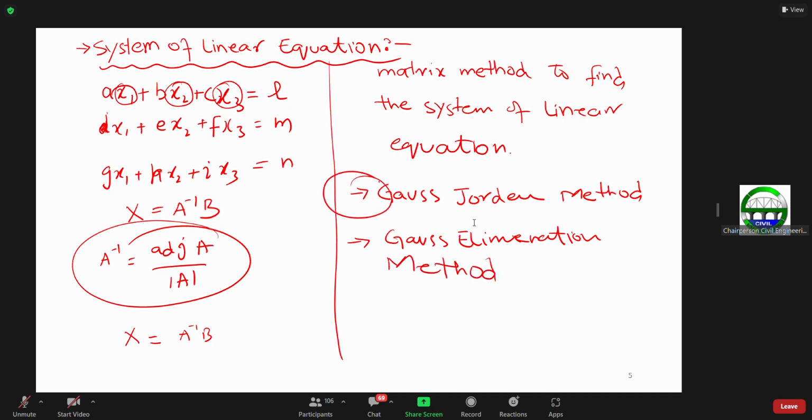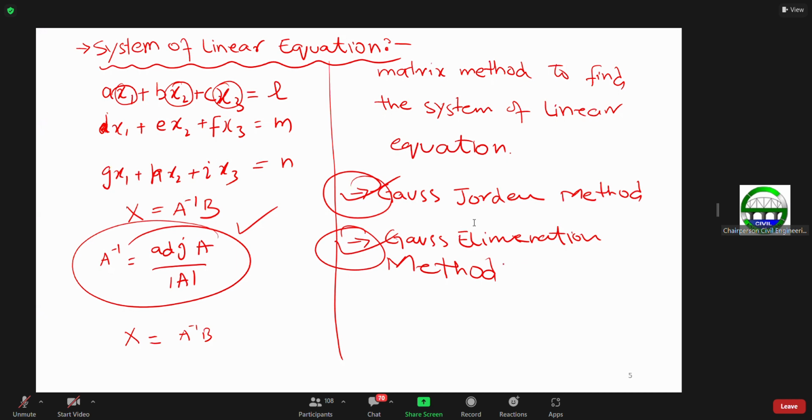Today we're going to talk about this one and this one. We already talked about the matrix method. This is a very simple method, with very simple formulas that we already used, and we will solve another example about it later on. So for now, let's talk about the second method first.